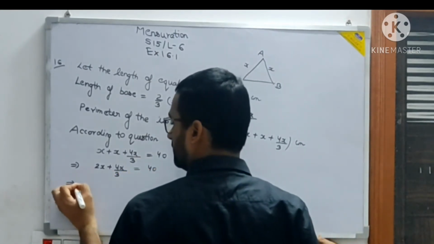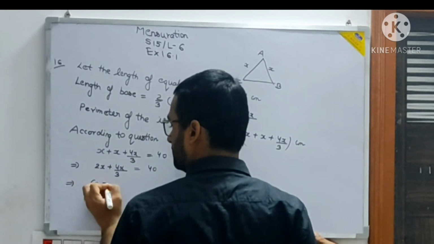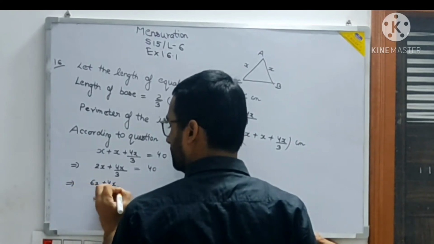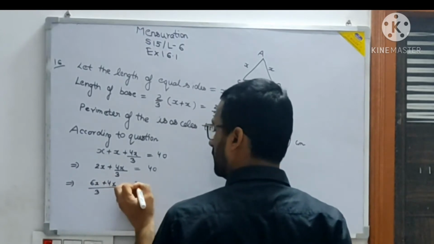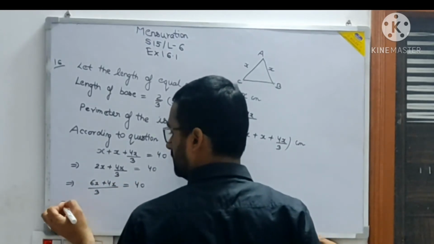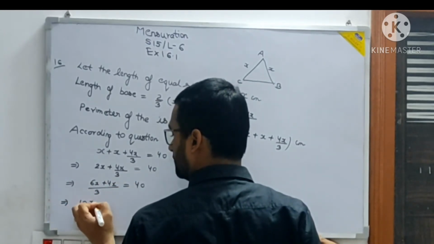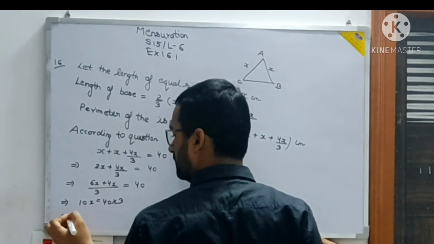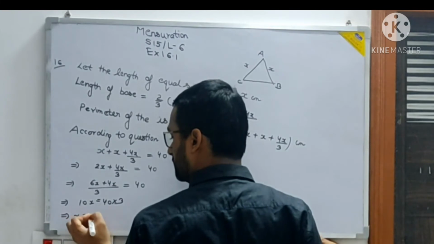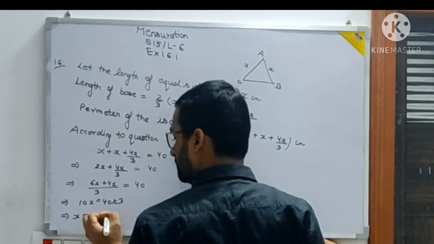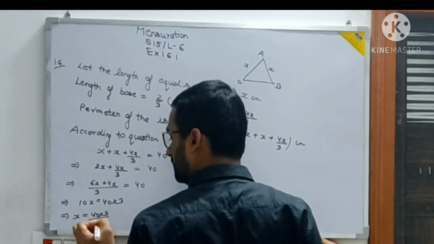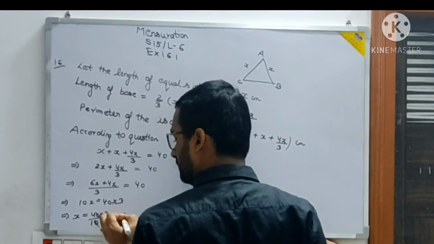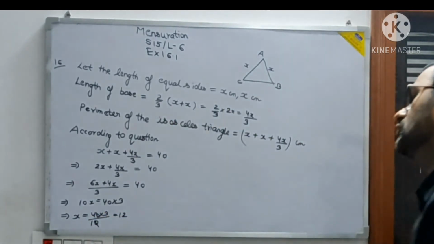This implies that 6x plus 4x by 3 equal to 40. This implies that 10x equal to 40 into 3. This implies that x equal to 40 into 3 by 10. Zeros cancel, that means 12. x equal to 12 is coming.